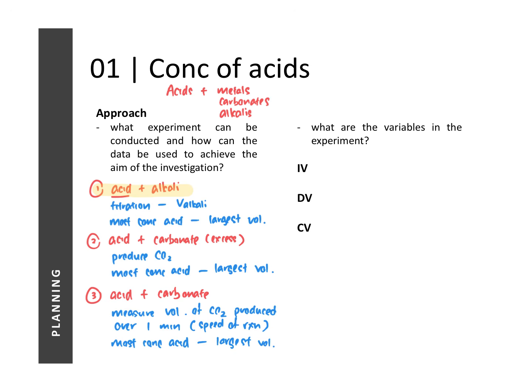Now, in the last pre-consideration, we need to think of what are the variables in the experiment. So let us revise once again the 3 variables. Independent variable is the variable that we change from one experiment to another. In this case, we are comparing the 3 acids.